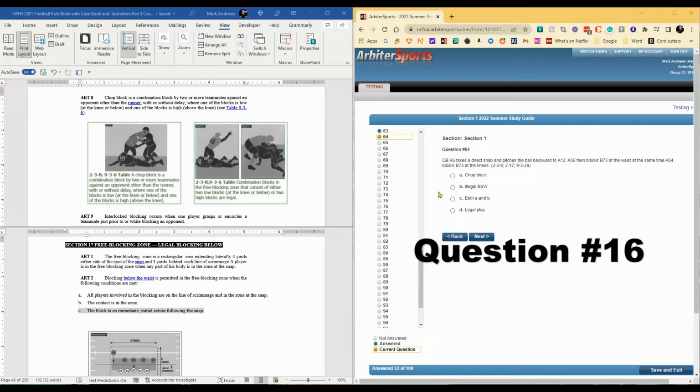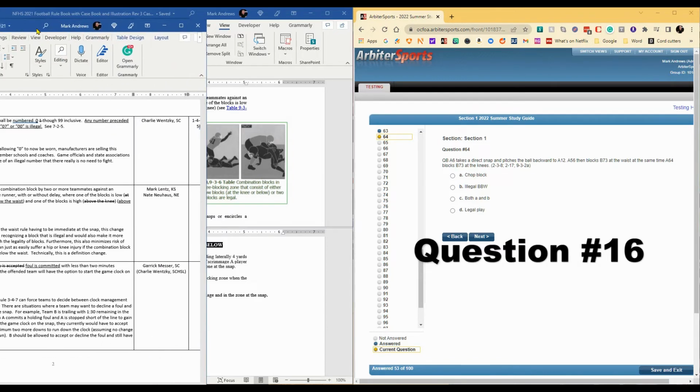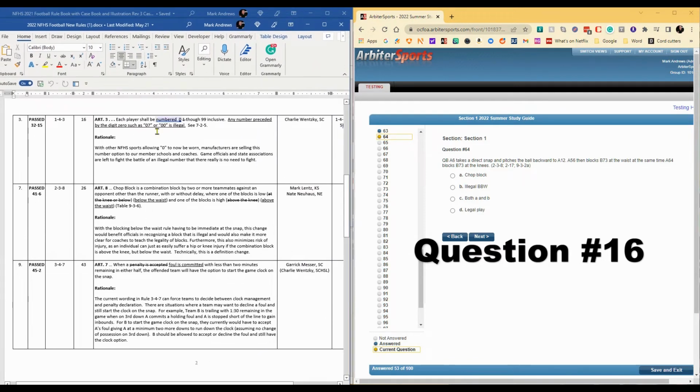So 2-3-8 is the definition of a chop block, and the definition got changed. So let's take a look at the new definition. Chop block is a combination block by two or more teammates against an opponent other than the runner with or without delay, where one of the blocks is low, below the waist, and one of the blocks is high, above the waist. Okay, so this one is at the waist and at the knees.